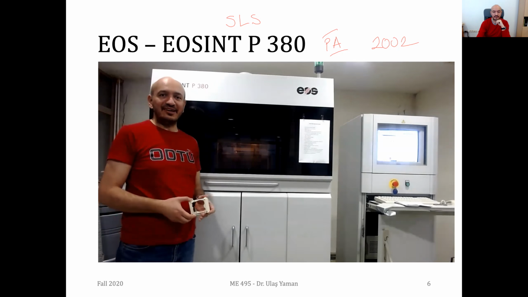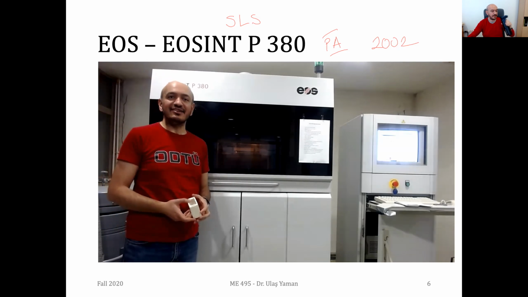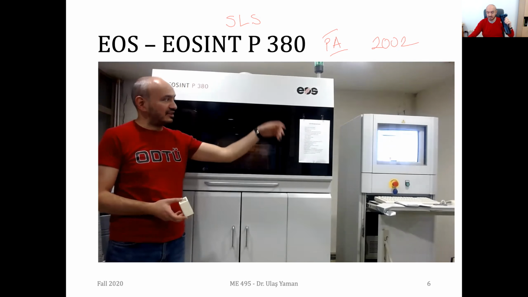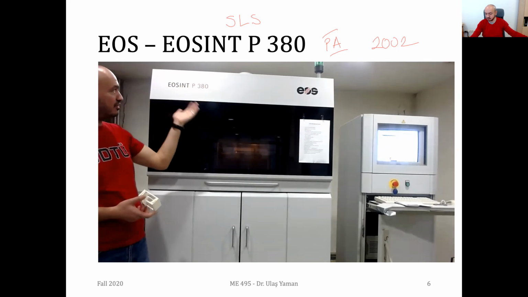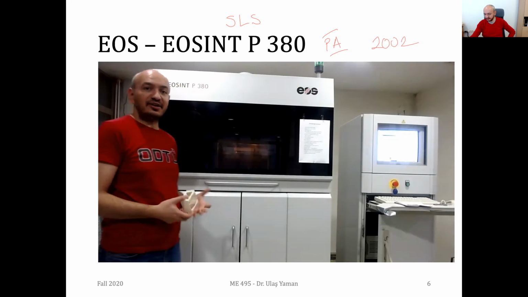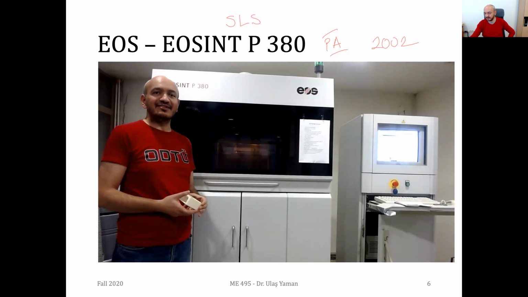Hey guys, today I will introduce you to one of the earliest SLS systems, a selective laser sintering system. It's from the EOS company, and the model is EOS MP380, and it uses one of the fundamental manufacturing methods, namely selective laser sintering.